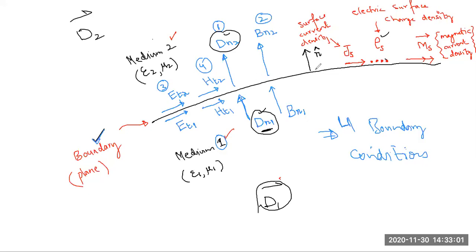We have already drawn this vector n. This is the unit normal vector, normal to the boundary. So if d1 is given to me and I am asked to find the normal component, I can take the dot product with n, and it will give us the normal component.